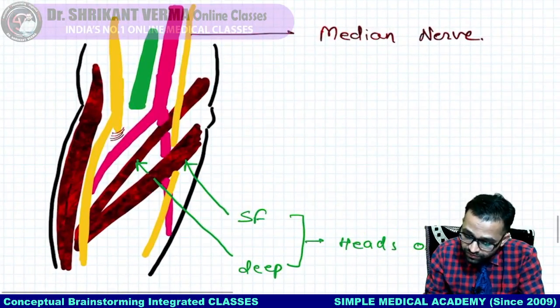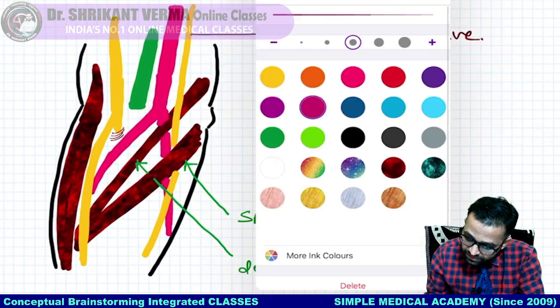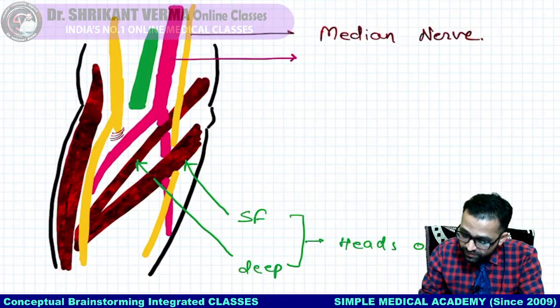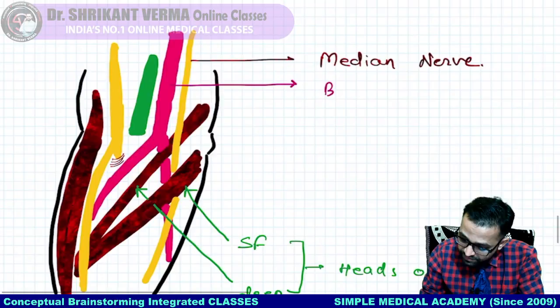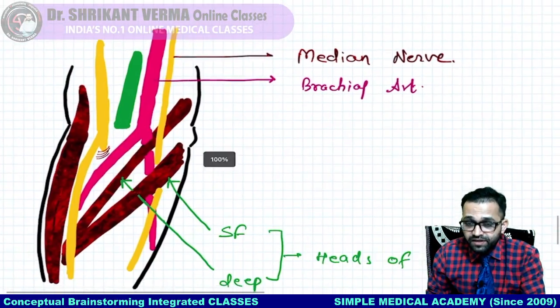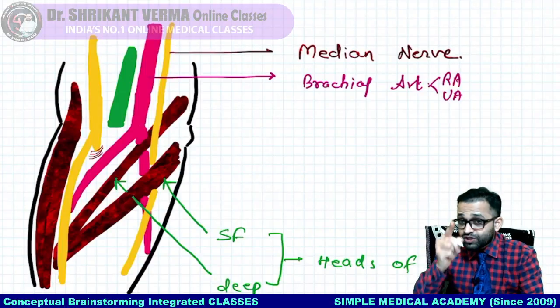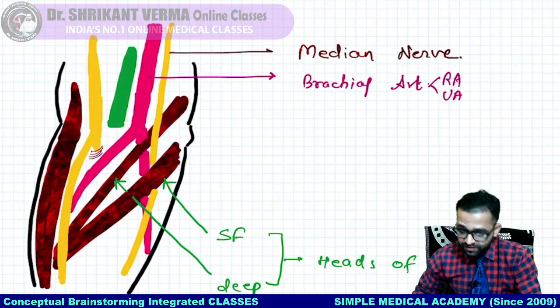So what I want to tell you, the very important relation: just lateral to the median nerve, there is our brachial artery, and this brachial artery is dividing into the radial artery and ulnar artery in the cubital fossa. So these are also the contents.